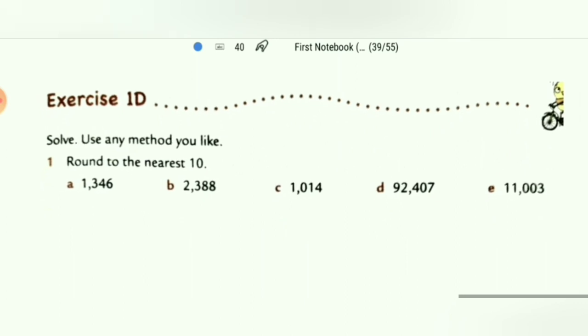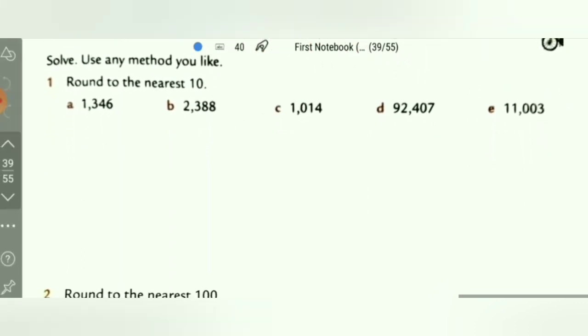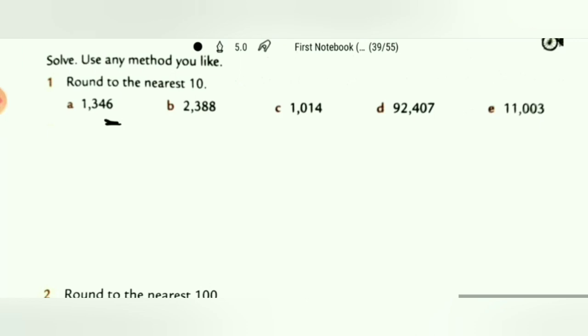Now see our exercise. Use any method you like. See the first one, that is 1346. 1346 means we have to convert to the nearest 10. 10 means this 6 will be changed. So how will we write our number?